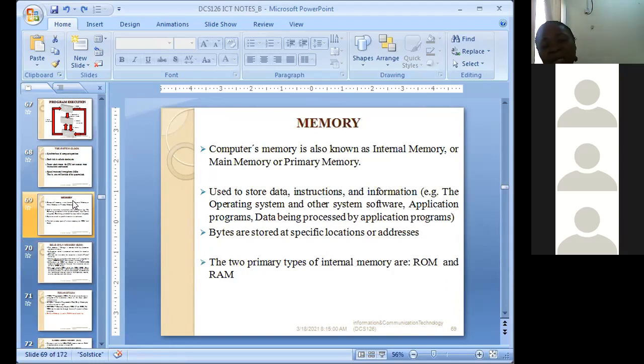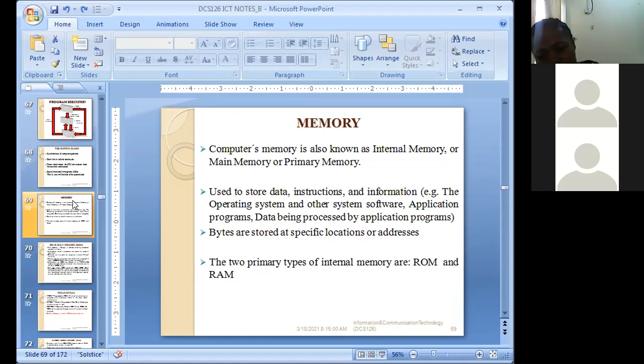But in your manual, in those diagrams I showed you, you will mostly see it as internal memory or main memory. Any of these names applies to that same memory that is attached to the CPU. It is connected alongside the control unit and the ALU, and I've explained its use.